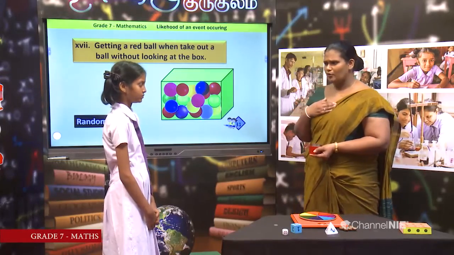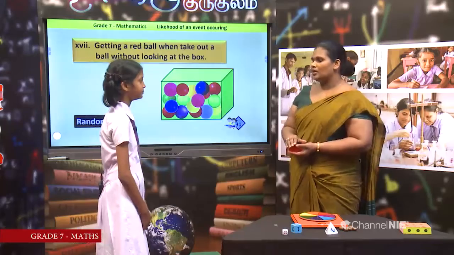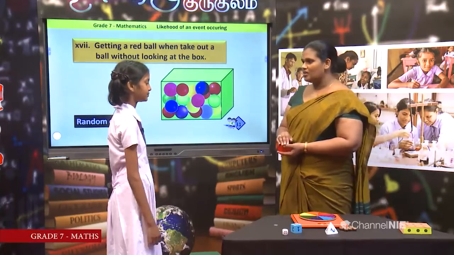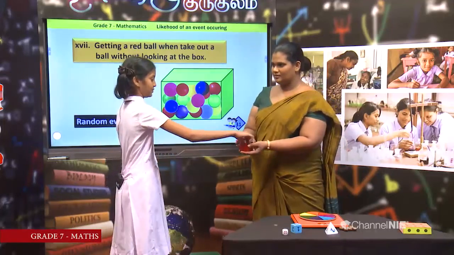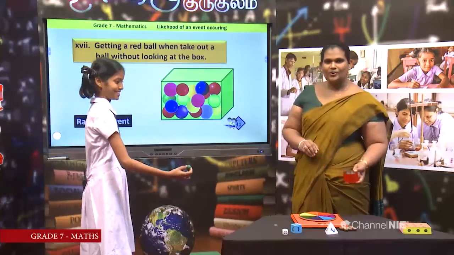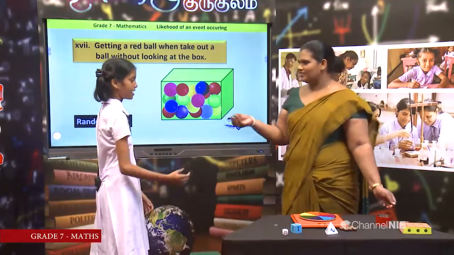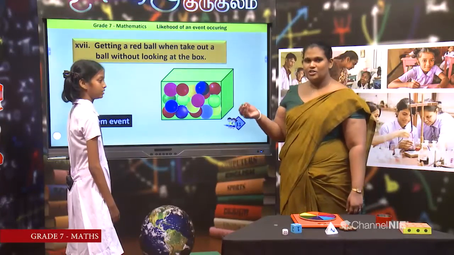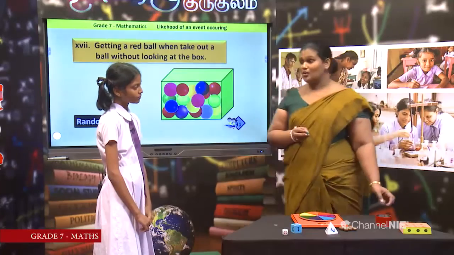So, I am asking for white, you are telling green, isn't that so? Okay. So, without looking at the box, can you take one bead? Right. Who won? I have green color one. Yes, you got the green color one. Okay, shall we do it once again?